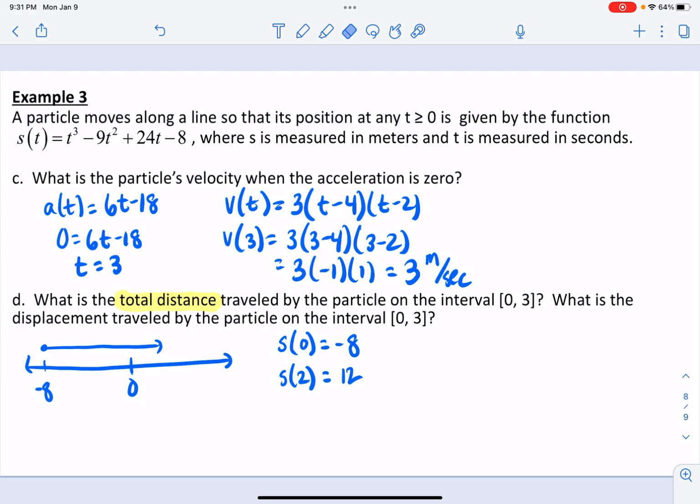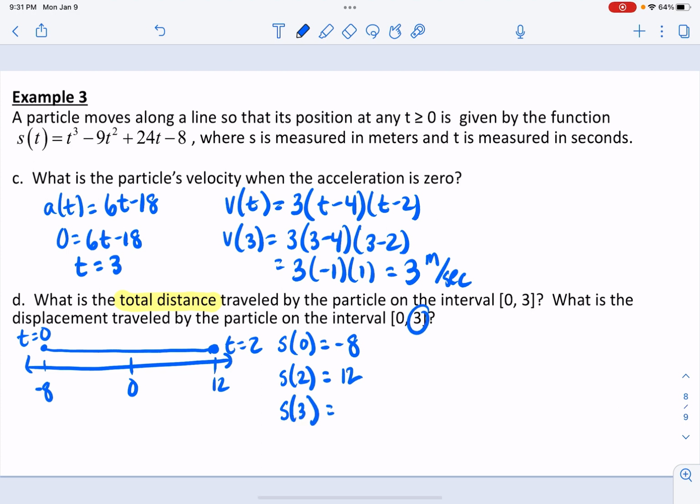So I actually move right all the way to 12. And then the next point I find is S of 3 since that's the end point. S of 3 is 10. So we know our particle turns around and heads back and is here at 10 at t equals 3.